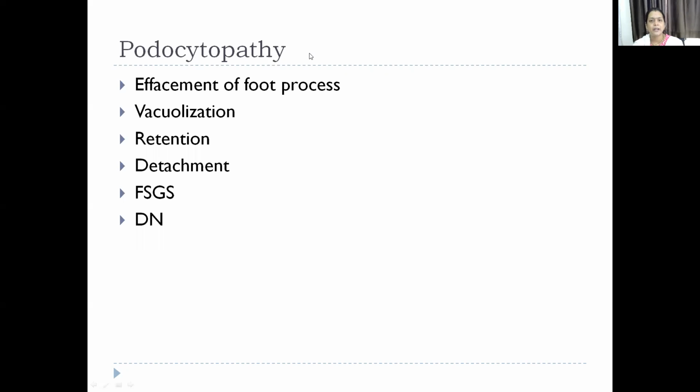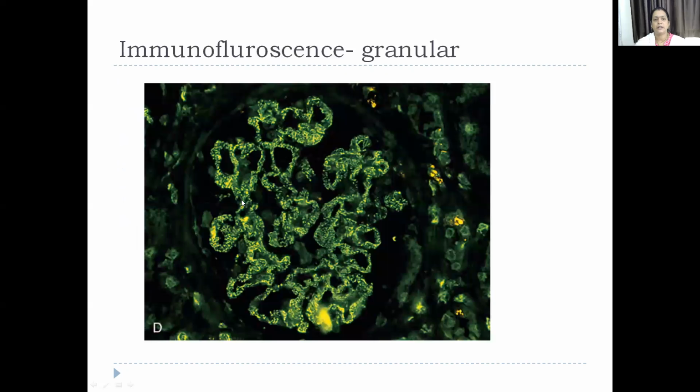So this can also add to the glomerular injury. In podocytopathy, there is effacement of foot processes, vacuolization, retraction, detachment. Usually podocytopathy can be identified in focal segmental glomerular sclerosis and diabetic nephropathy.